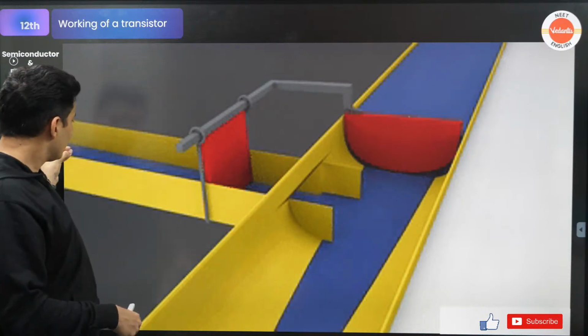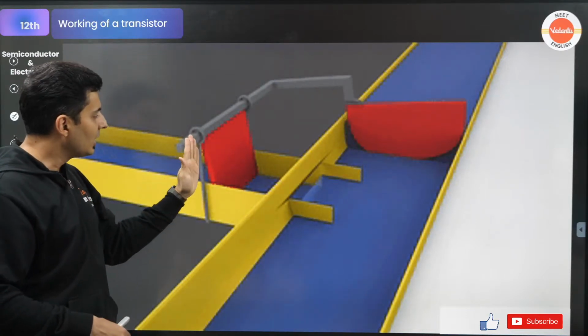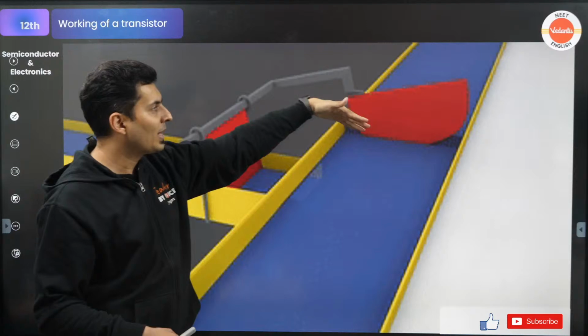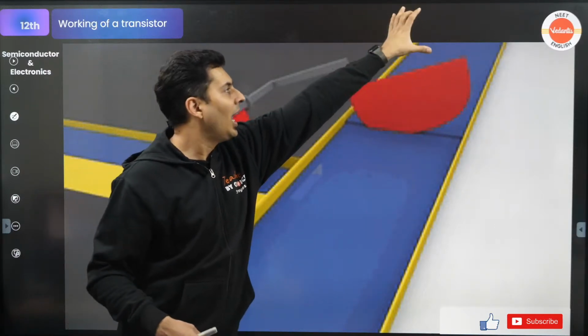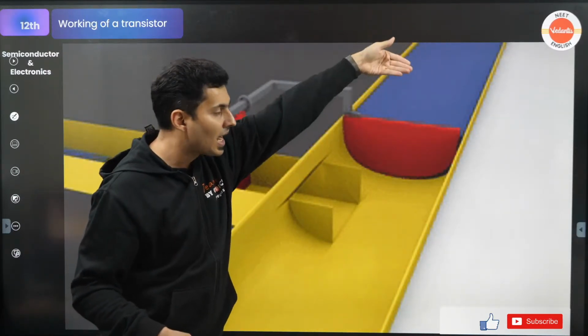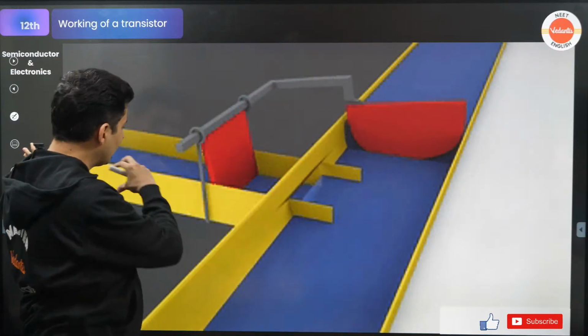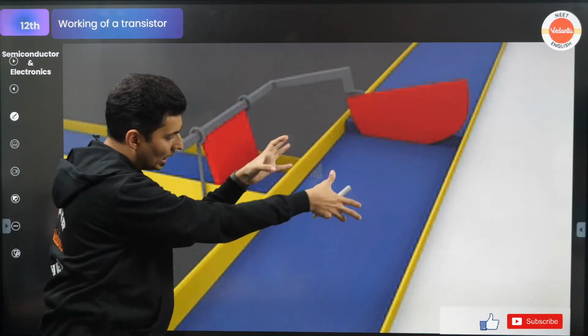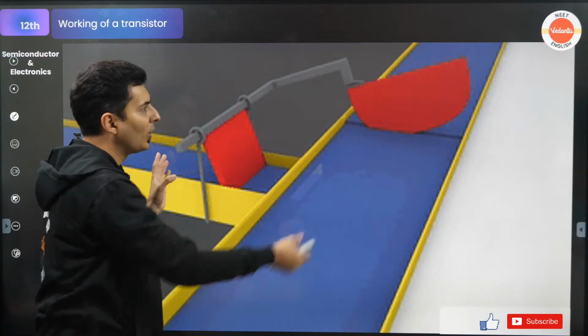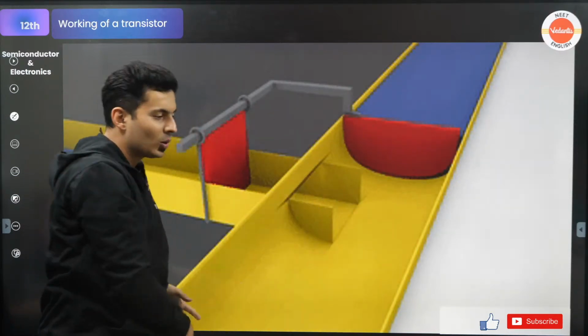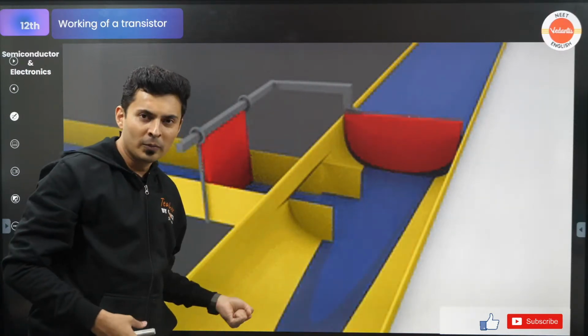So the moment even a little bit of water comes here, it opens up the flap. The lever mechanism is opening this up, and the water which was waiting behind this obstruction is now let go, and this water and that water both flow together and a lot of water will flow, correct?